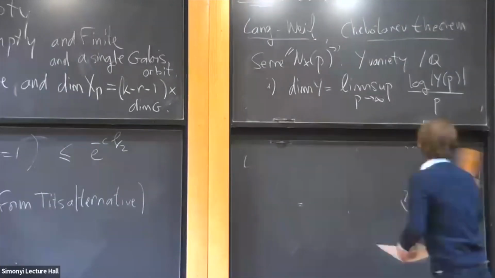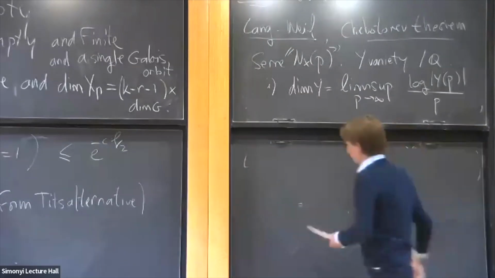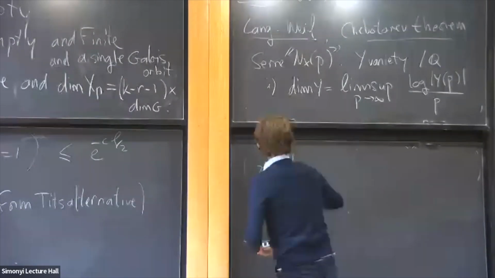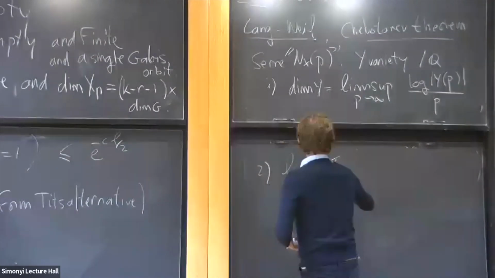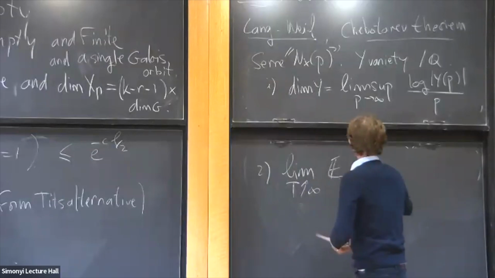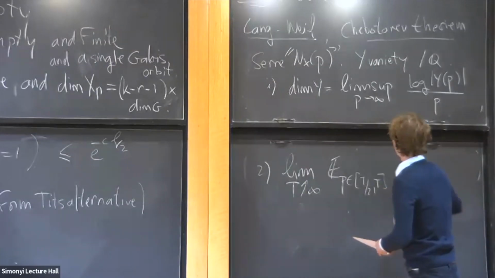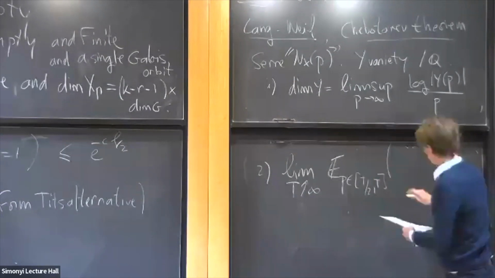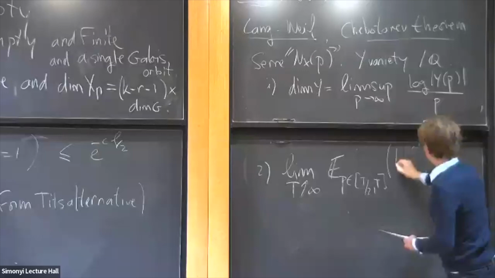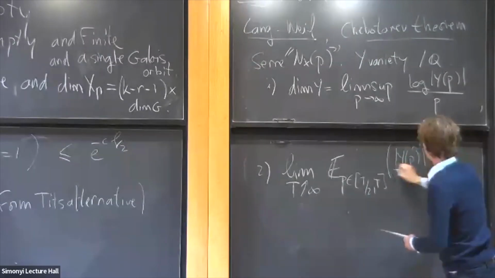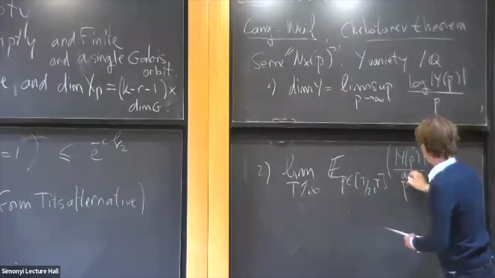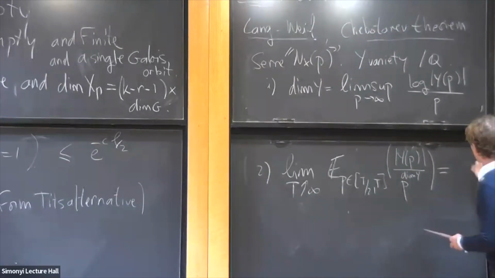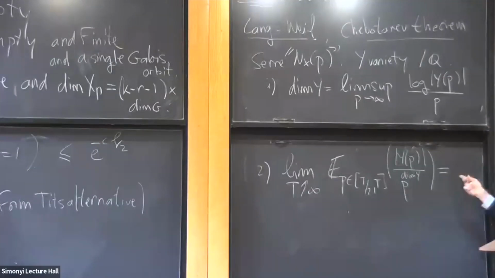And more precisely, if you average the number of points over a moving window of primes, so here I take the expectation, the average over primes of the size of Y(p) divided by p to the dimension, do you know what this becomes?